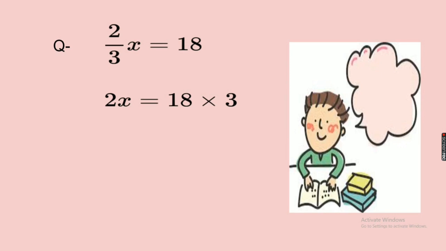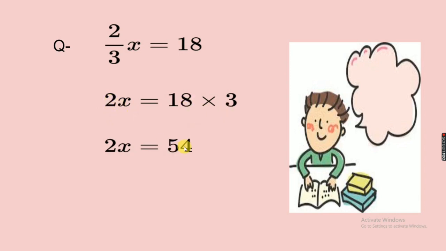This you have to keep in your mind. Okay. Now we transpose this 3 to the right hand side, and this was in division of 2x. When we shifted it to the other side, it would go into the multiplication. So it became 18 multiplied by 3.